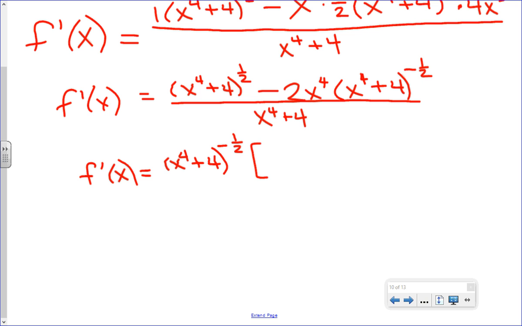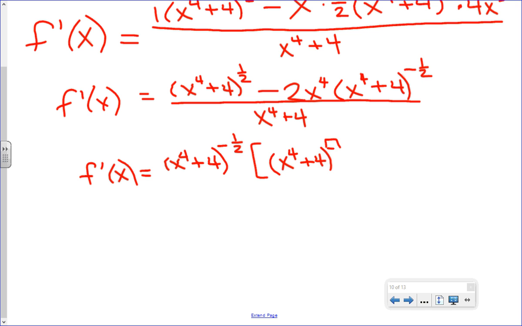Well, if we divide it out of this to the 1/2 power, what would we have left over? X to the fourth plus 4 to what power? Remember when we multiply, we add our powers?